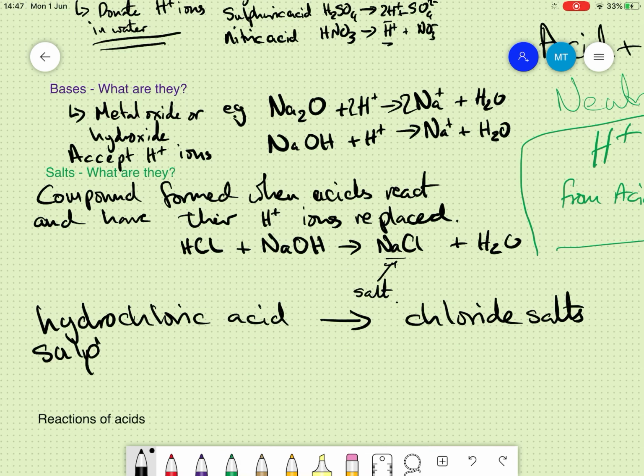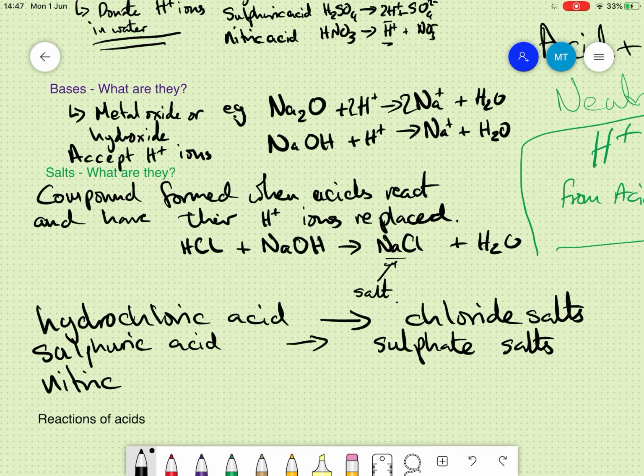Sulfuric acid forms sulfate salts. And nitric acid forms nitrate salts.